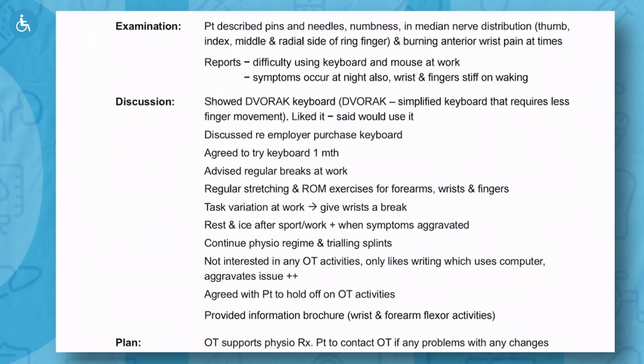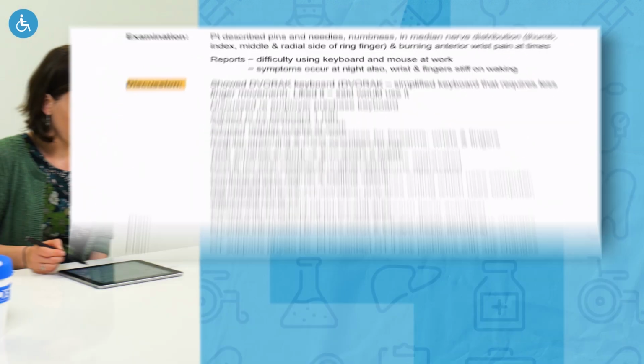The examination covers details that the doctor already knows, so the main section of interest for the letter comes from the discussion section. I know I'm going to want to read this in a lot of detail to make sure that I've really understood the situation I need to communicate.